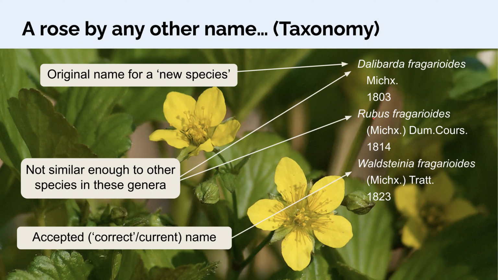Someone later said, no, that should probably go into the genus Rubus. That's actually the genus of blackberries and raspberries. And then subsequent to that, someone else came along and said this should belong to a genus called Waldsteinia. So the process of putting this same plant in different categories is a process that eventually we like to think ends up in the right category, but sometimes it goes through a few different iterations before it gets there.